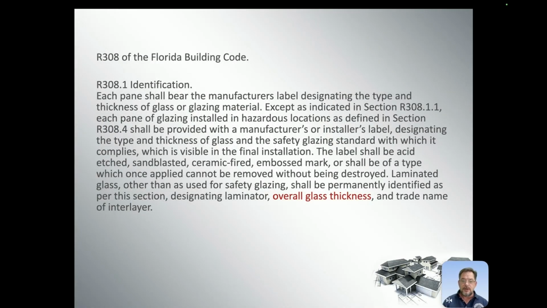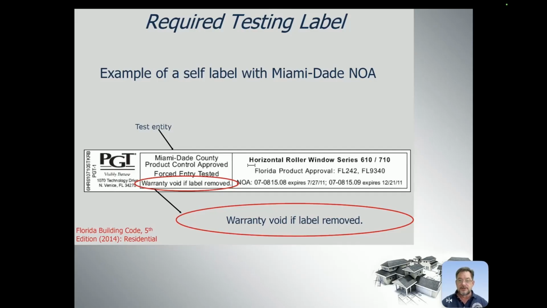One thing I love to point out as well, as we all know, all glass is supposed to be labeled according to the building code. Sometimes those labels are just not there, but overall, it's supposed to be labeled. The other thing I point out here is these labels on the windows.